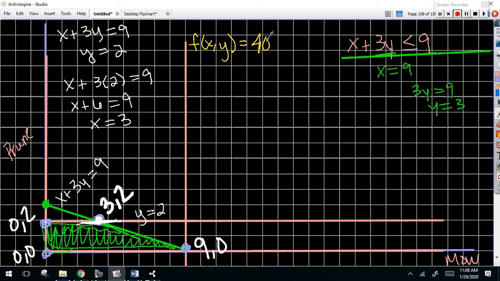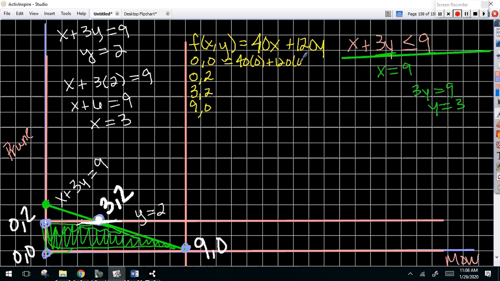So I need to take each one of these vertices, 0, 0, 0, 2, 3, 2, and 9, 0, and plug it in this formula: 40 times x plus 120 times y.